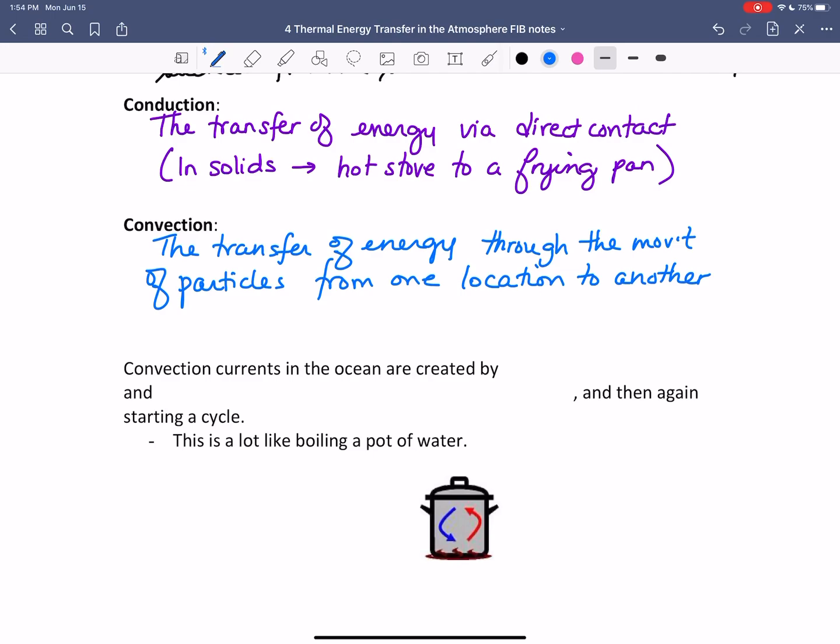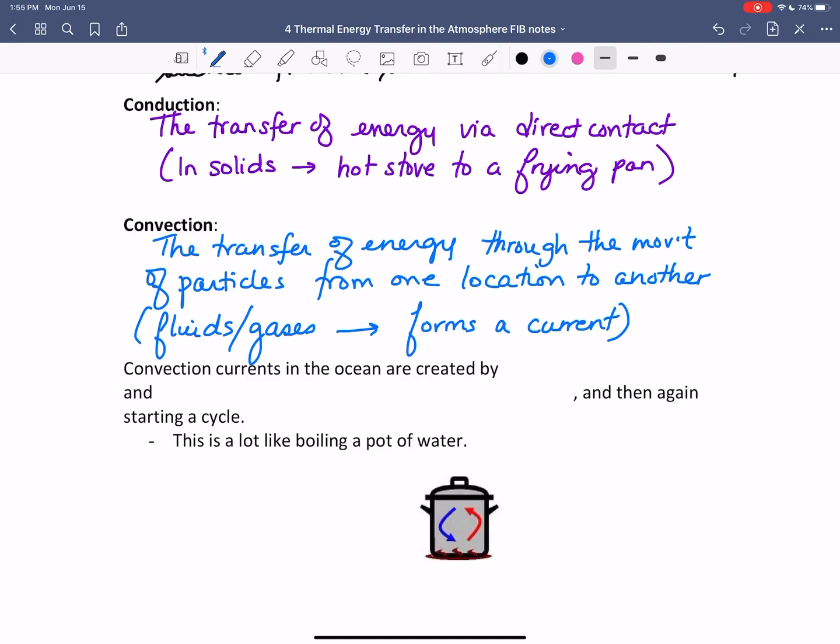And it can occur in fluids or in gases to form what is known as a current. You can have a current of air or a current of water.